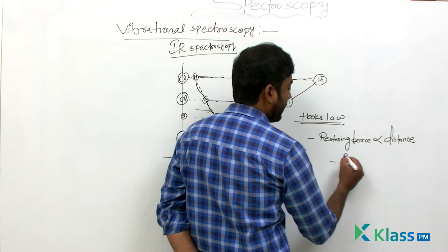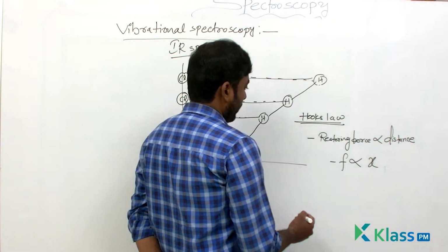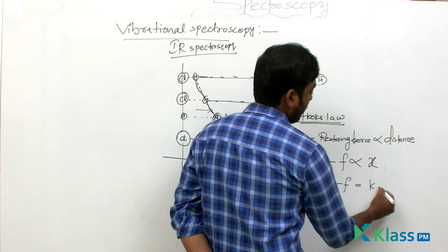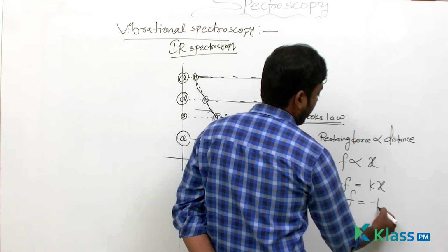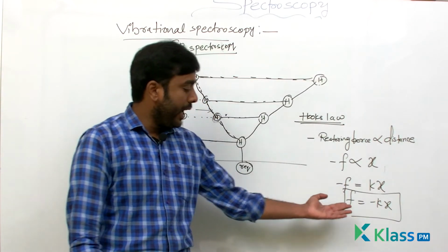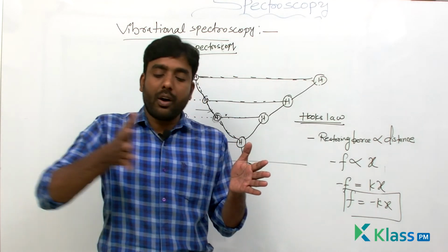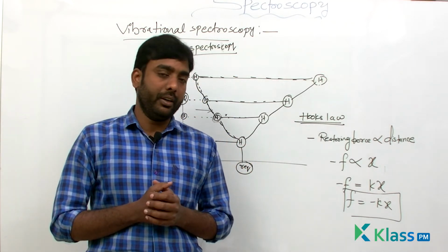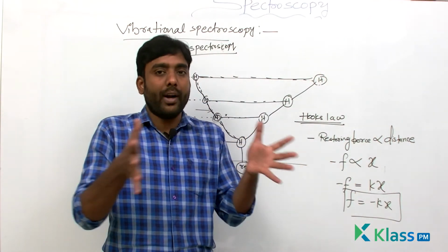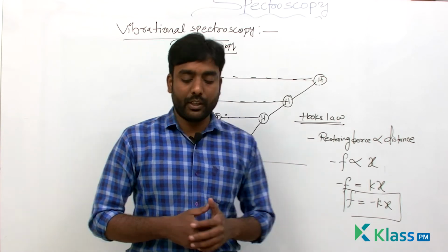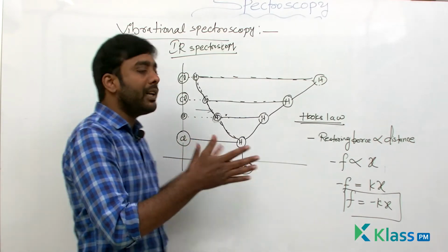So I can say minus F is proportional to the distance, let's take it X. So minus F is equal to K, the force constant, times X. Sending the minus to the other side, F = -Kx. Here F is the restoring force produced when there is a contraction or expansion from its relative position, K is the force constant, and X is the distance between two atoms. If there is a change, everything will change. A molecule starts vibrating, and these vibrations continue.